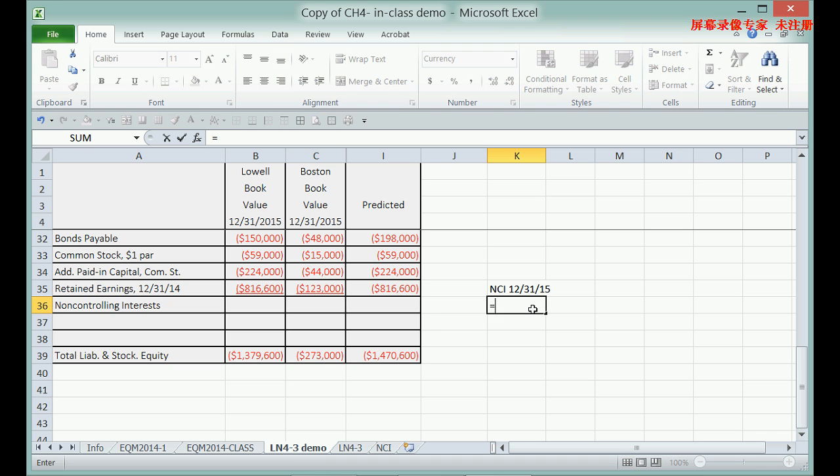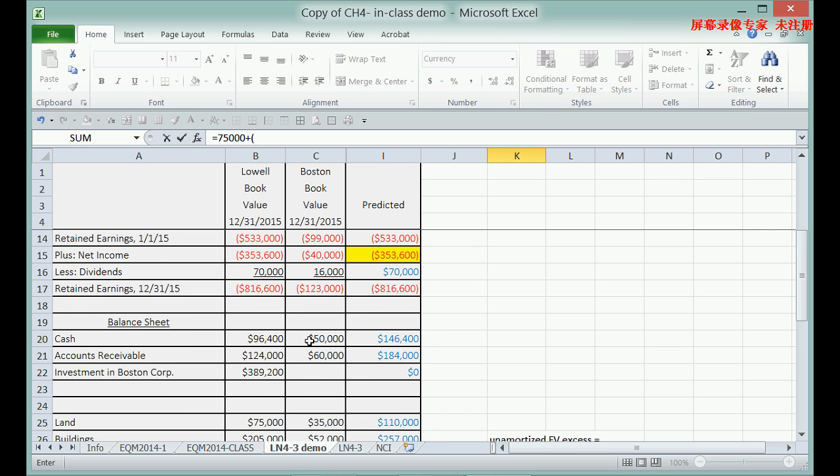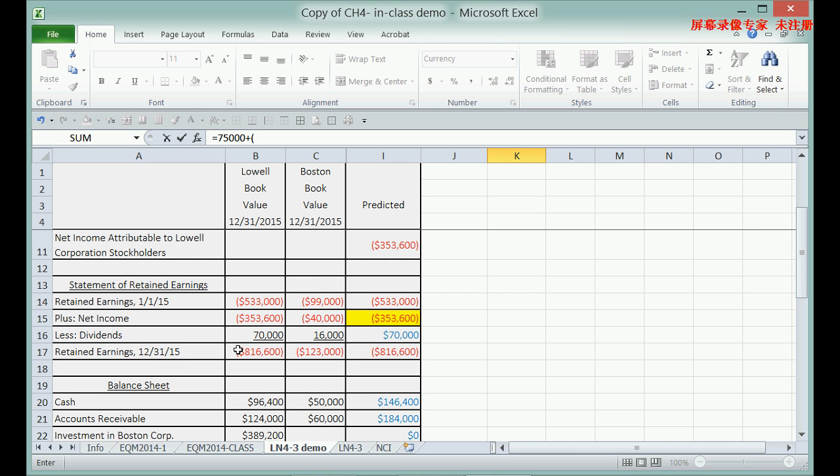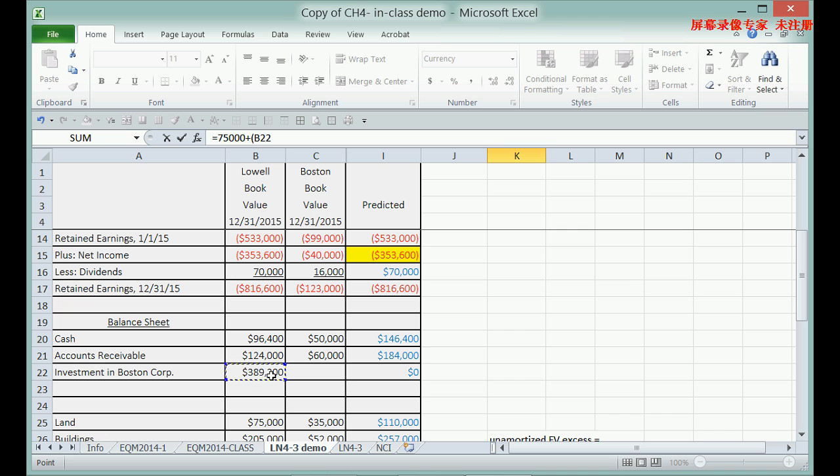It equals the original cost plus the change. Basically, the change of the investment account was this number, the investment account, minus the original investment account, which was 360,000. This is the change of the CI's investment account divided by 80%.